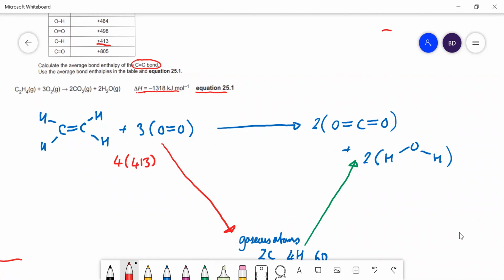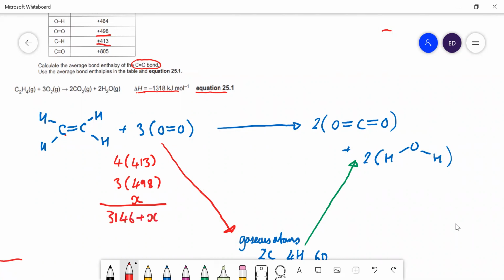We're breaking 3 oxygen-oxygen double bonds, so 3 times 498. And we're breaking this carbon-carbon double bond. Let's call that X. That's what we're going to find out. Let's add all that up together. That's going to be a positive number. It's endothermic. We're breaking those bonds. So that's 3146 plus X.